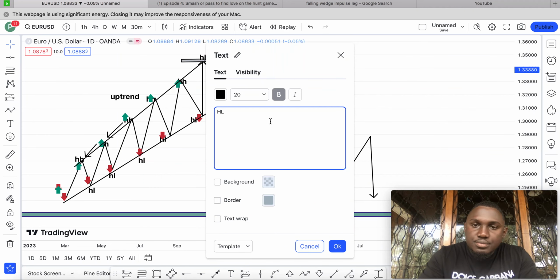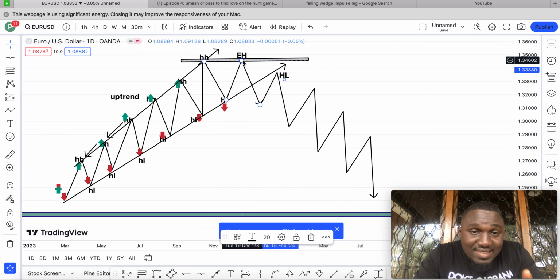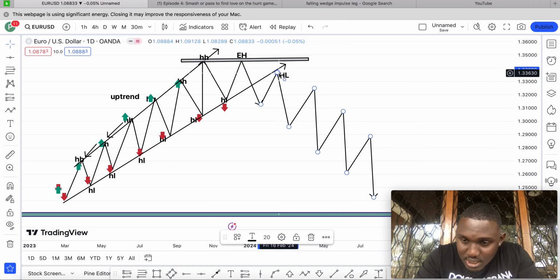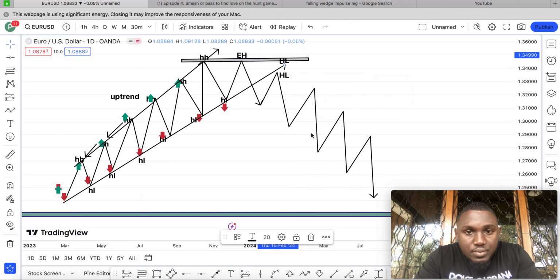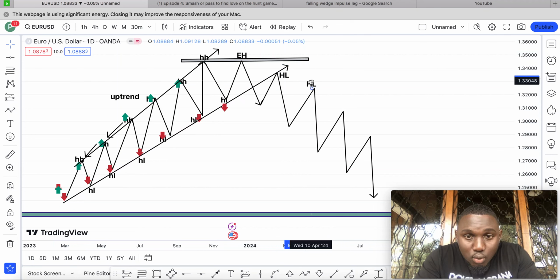Higher low, because this high is higher than this one. That is why it's called a higher low, because this high here is higher than this one, and it goes down. You clone it, higher low, the next higher low.